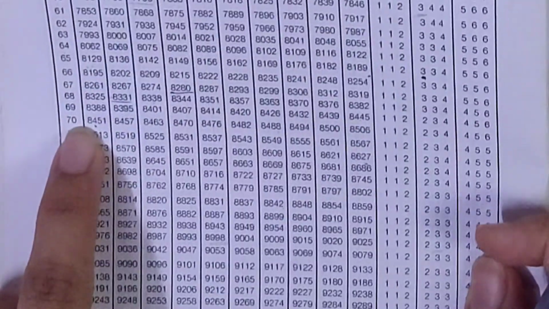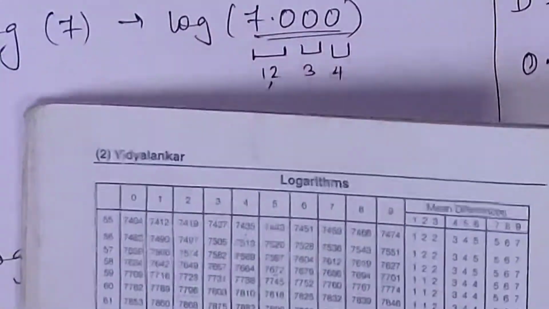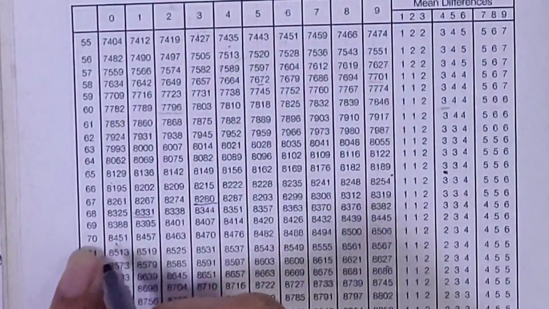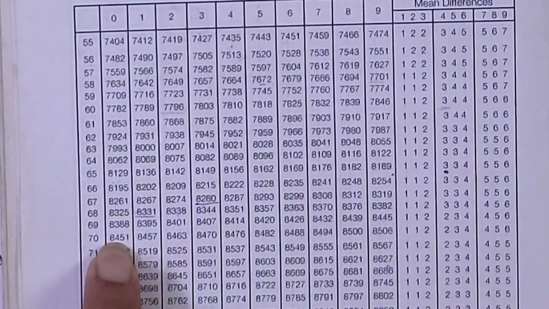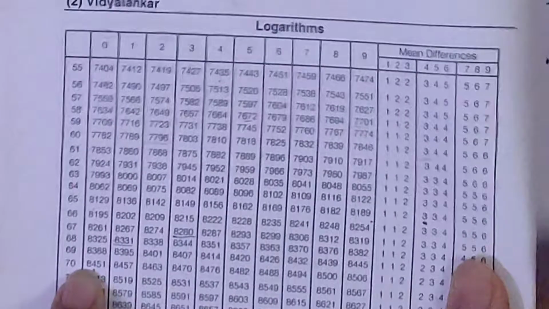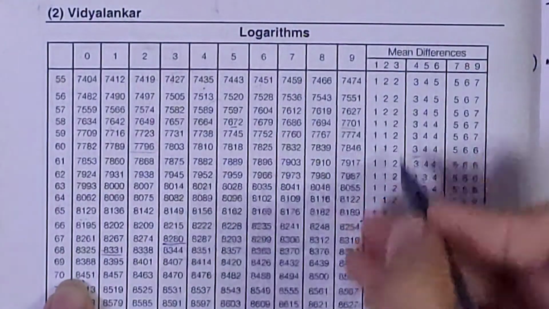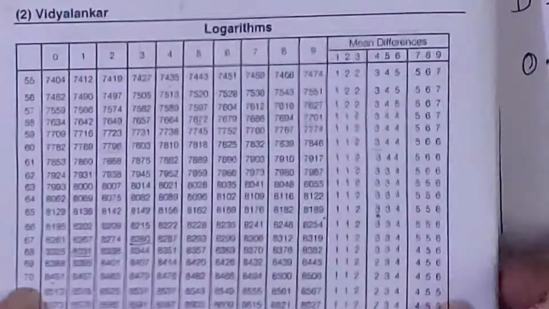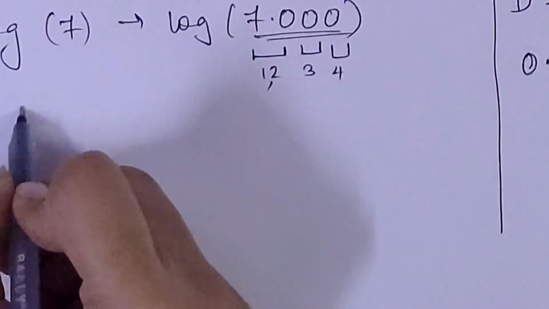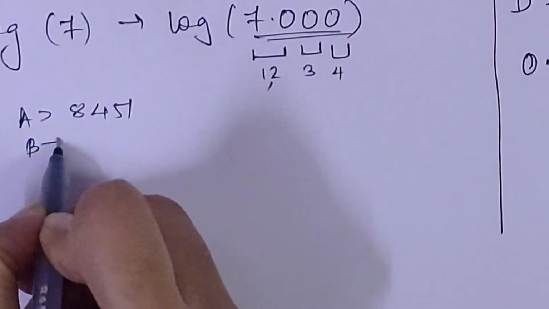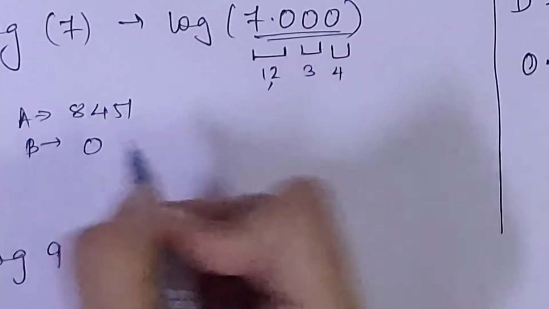So my 70 is here. Fine. My third digit is 0. So I'll be here, 8451. And my fourth digit is 0, which is not present in the mean difference table, which means it is 0. So my A is 8451. My B is 0.